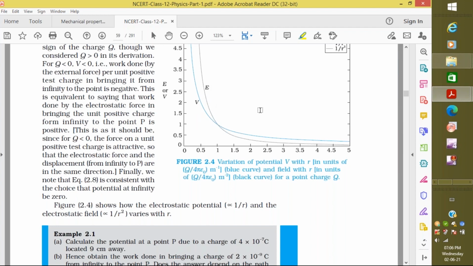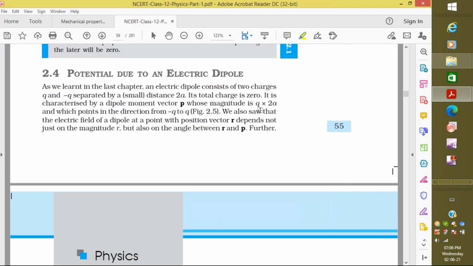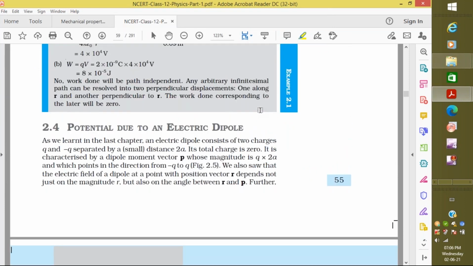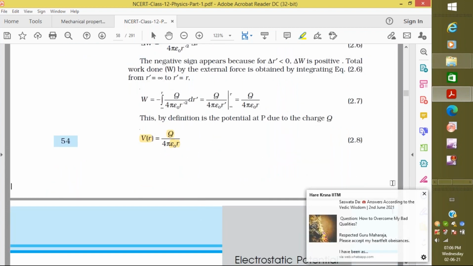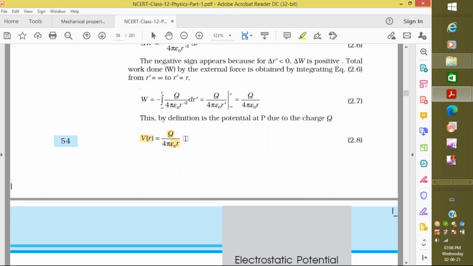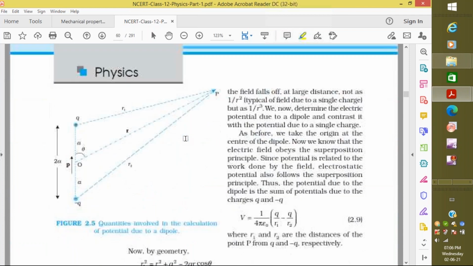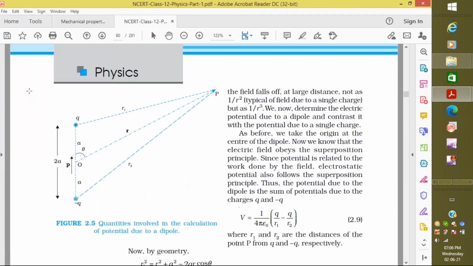Now we'll derive an expression using this result, that for a point charge the potential at any point r is q by 4 pi epsilon naught r. Using that concept, we will derive the potential for a dipole.